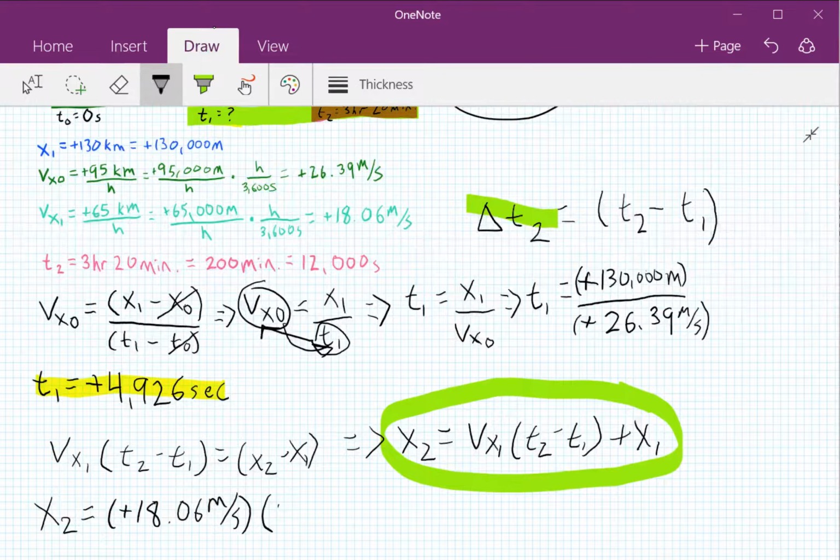And then T1 was the time we just found, which was that 4,000. I just realized I don't know why I put a plus sign over here for 4,926, but it should not be there. It should just be the number. Yeah, 4,926 seconds.